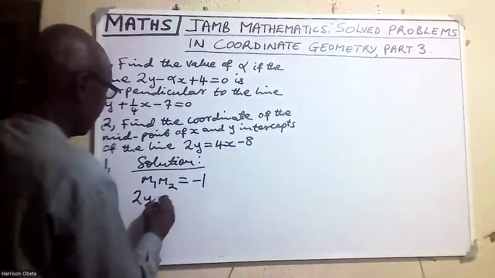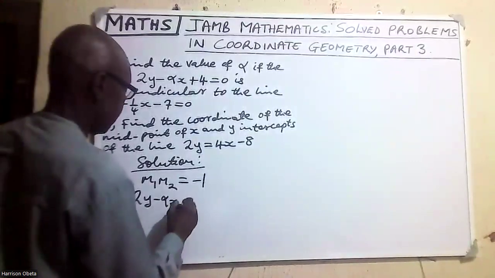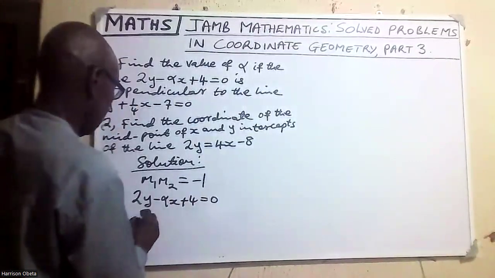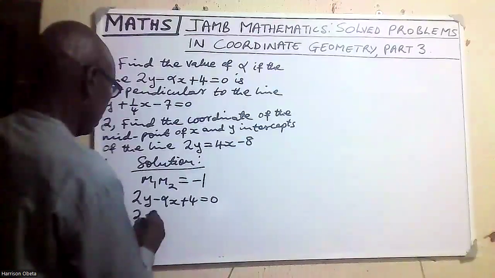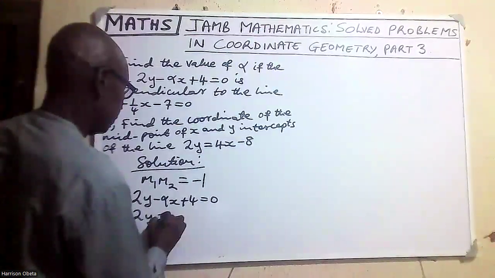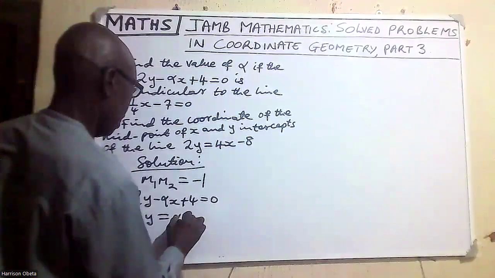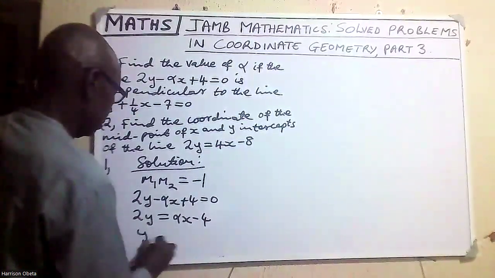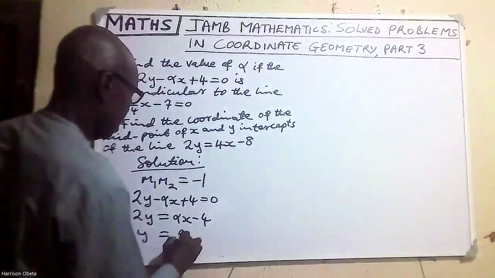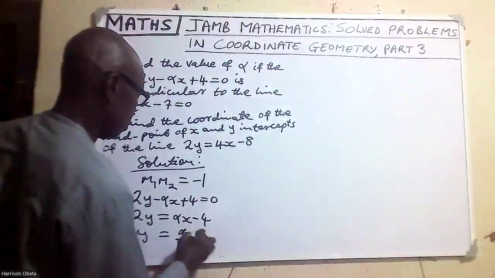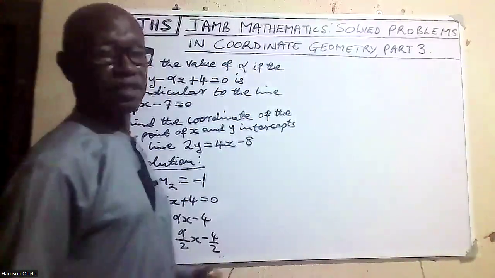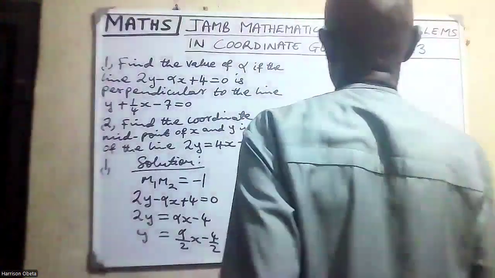2y minus alpha x plus 4 equal to 0. And that means that 2y is the same thing as alpha x minus 4, y equal to alpha over 2x minus 4 over 2. That is dividing through by 2.